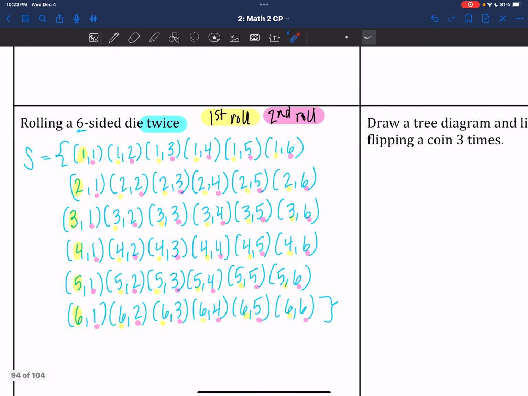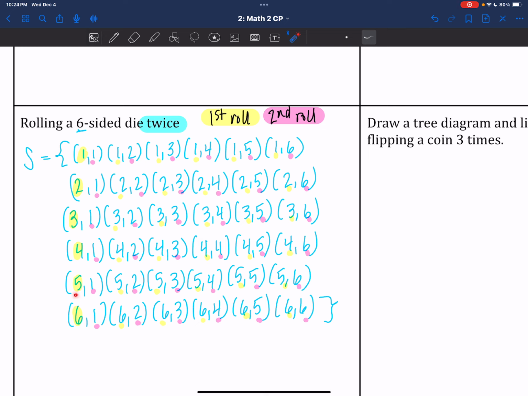Now, luckily for you, I already wrote this ahead of time, but this is rolling a 6-sided die twice. So if on the first roll you rolled a 1, then for the second roll you could have rolled a 1, 2, 3, 4, 5, 6. And then I just went through. If you rolled a 2 the first time, your second die could be a 1, 2, 3, 4, 5, or 6, and so on and so forth.